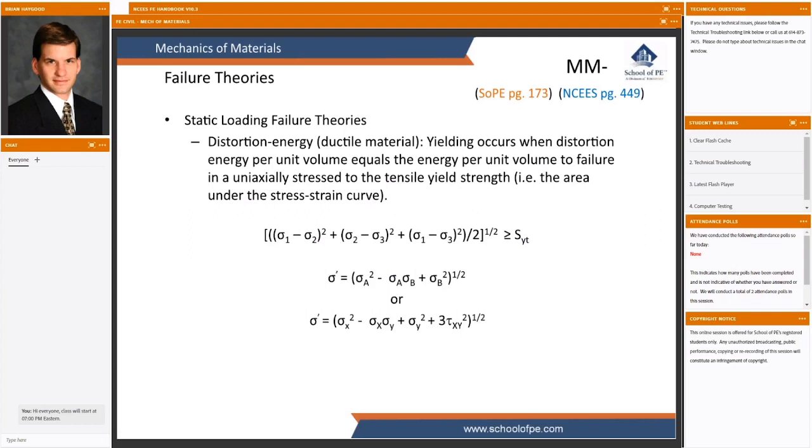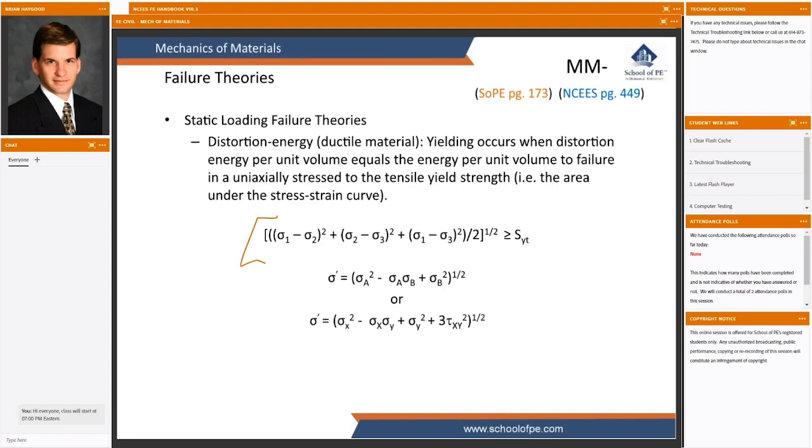The last one of these we're going to look at, I think it's the last one in the set here, is distortion energy theorem. And one way that this is presented is based on the three principal stresses. So this is kind of why we've had to delve into this idea of 1 and 2 and 3 and A and B. If you have three principal stresses, well, you always do. If you have three of them and they're non-zero, then you'd need to use that version of the equation.